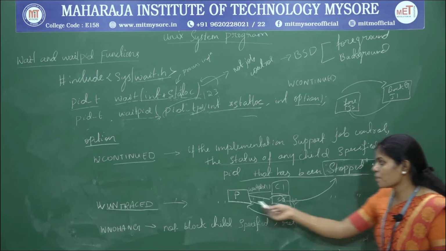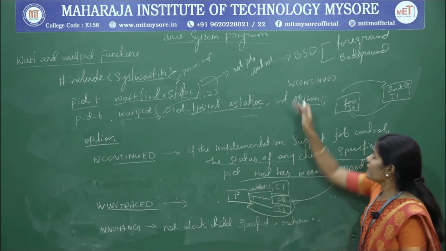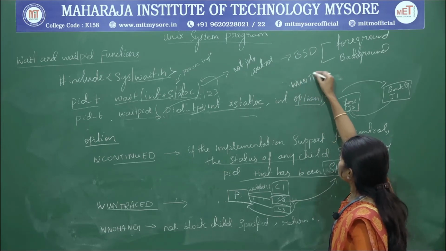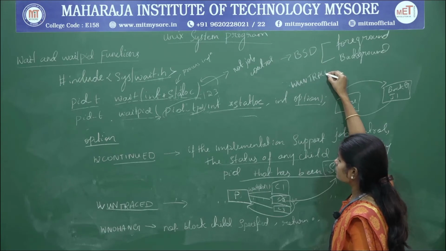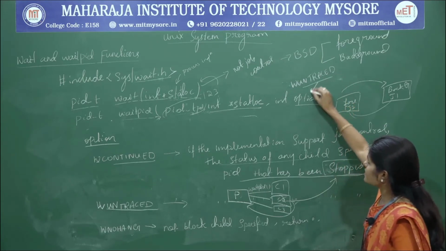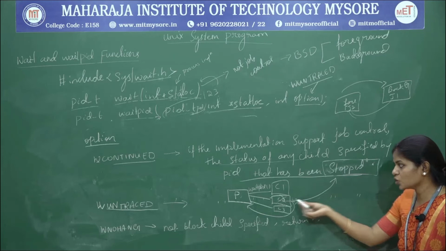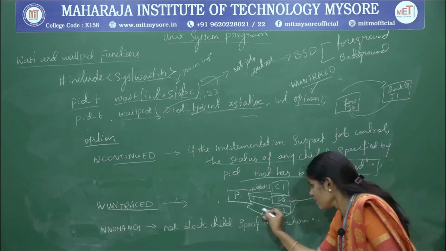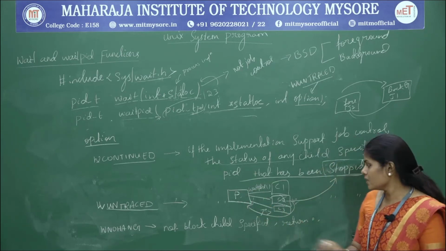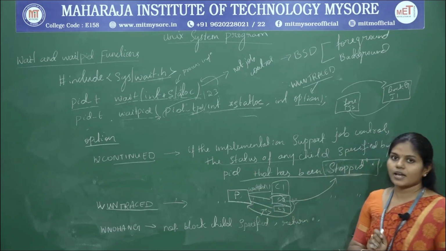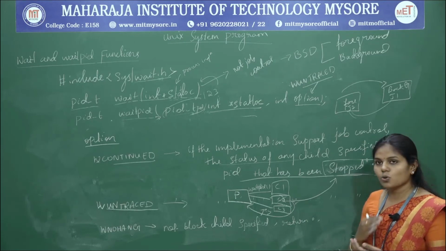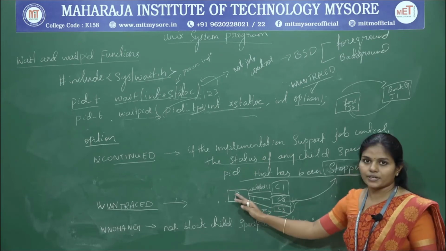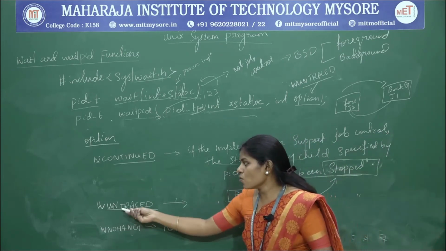That means that when the parent calls waitpid with WUNTRACED, in that case it is going to stop. When child 2 sends the termination status to the parent, it is going to stop its execution. So it is going to return the termination status immediately to the parent. So that is what WUNTRACED is.